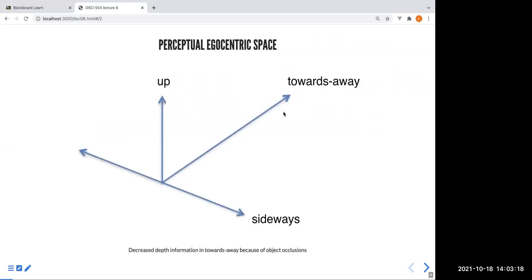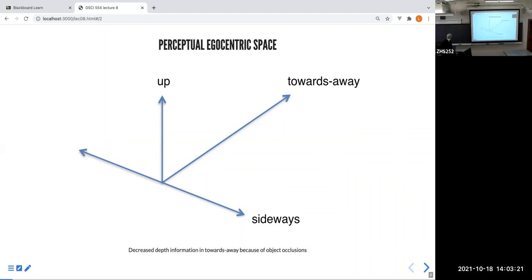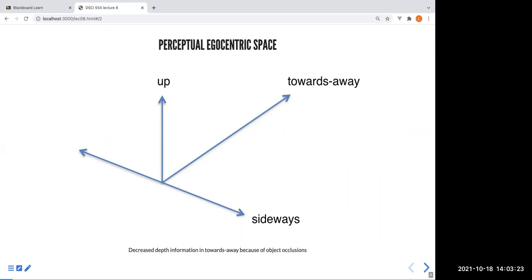All right, so when you think about visual information and how you understand it, from the perception point of view, then you have this picture here where we understand depth in terms of these 3 axes. This is egocentric, meaning that this is based on our everyday experience. The direction that is right in front of us is the one that encodes most of the time the depth information.